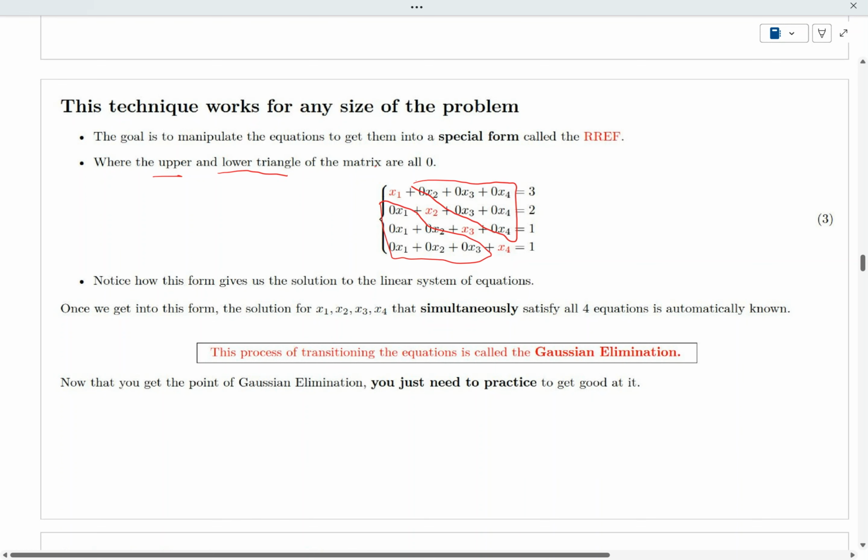And this makes sense because if these are 0, it means that x1 must equal 3, right? x2 must equal 2, x3 must equal 1, so on and so forth. So your goal is to keep manipulating the equations so that you can reach what we call the RREF form, reduced row echelon form, where the upper triangles are all 0 and the lower triangles are all 0, and the constants in the diagonal are always 1s.